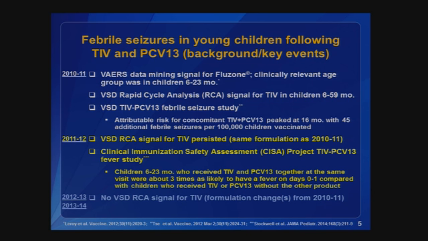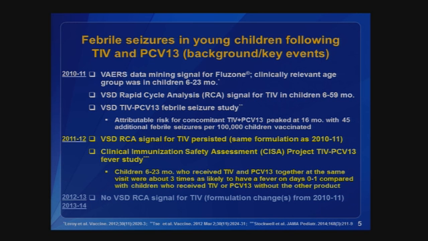At the same time in VSD, we were doing surveillance for PCV13, so we were able to do an epidemiologic study looking at TIV and PCV13 in febrile seizures. And the key finding from that study was that the attributable risk for concomitant TIV plus PCV13 peaked at 16 months with 45 additional febrile seizures per 100,000 children vaccinated.